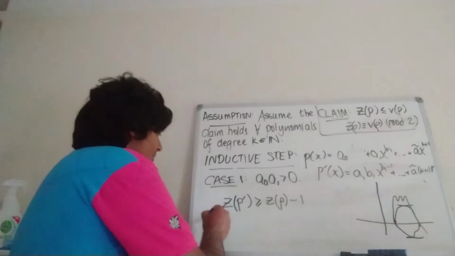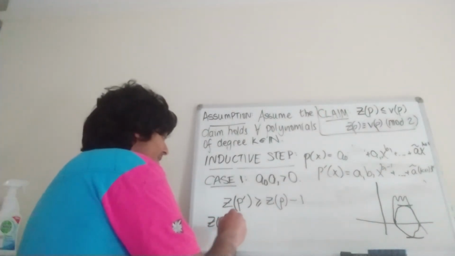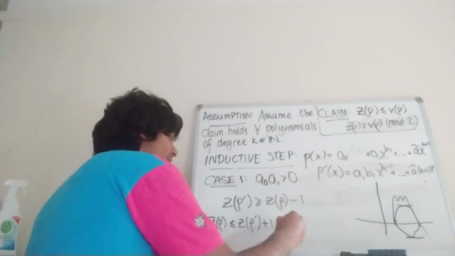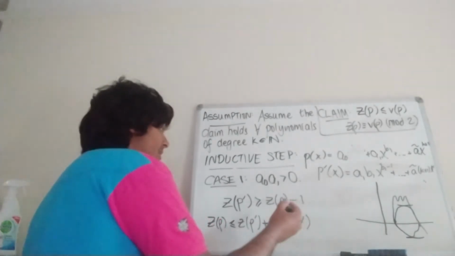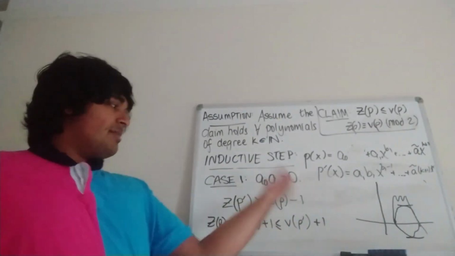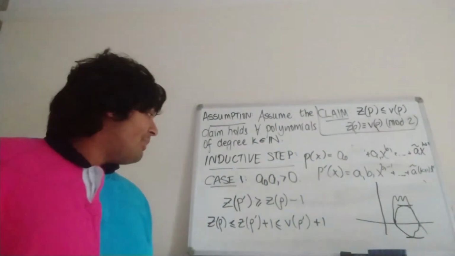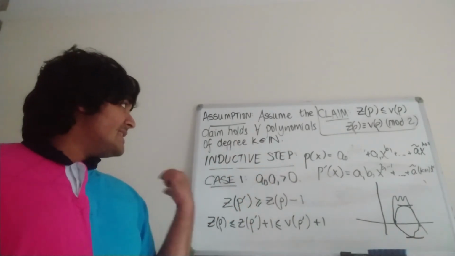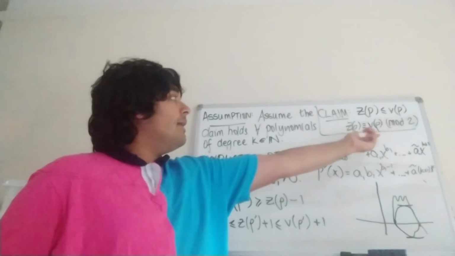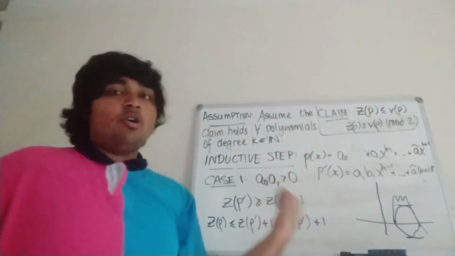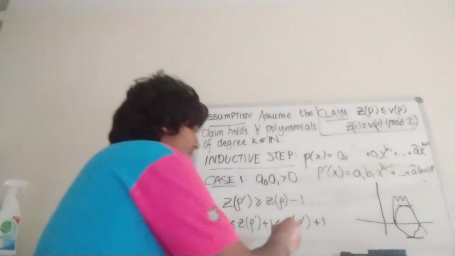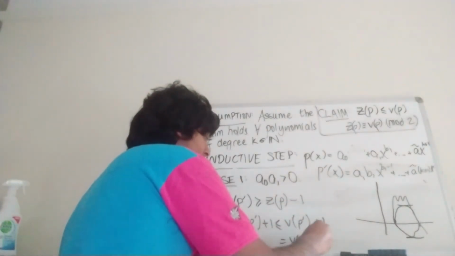Now we want to prove that z of p is less than or equal to v of p. So z of p is less than or equal to z of p prime plus 1, which we know is less than or equal to v of p prime plus 1, because remember z of p prime is less than or equal to v of p prime. But we've just proved that z of p and v of p have the same residue mod 2, so they're either both odd or both even, and v of p prime we know is just the same as v of p plus 1.